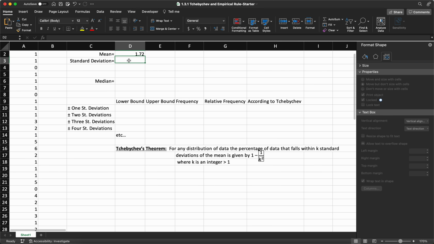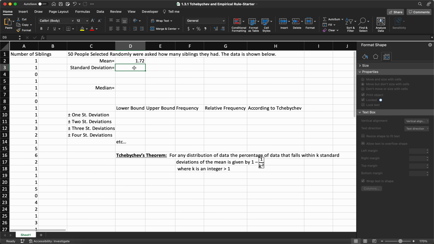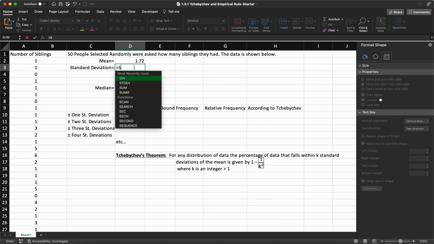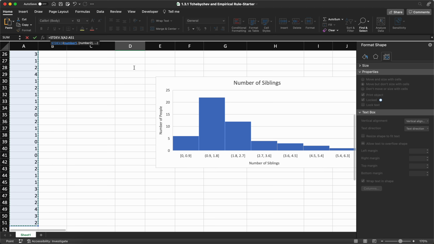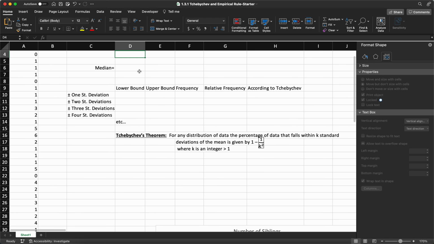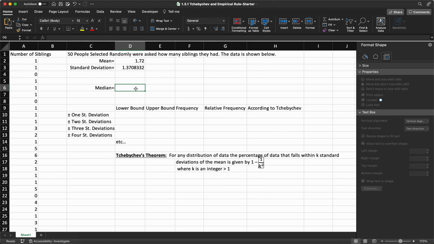For the standard deviation, since this is a sample, this is definitely not everybody who has a sibling, we're going to use stdev.s. And then just for reinforcement's sake, let's find the median.